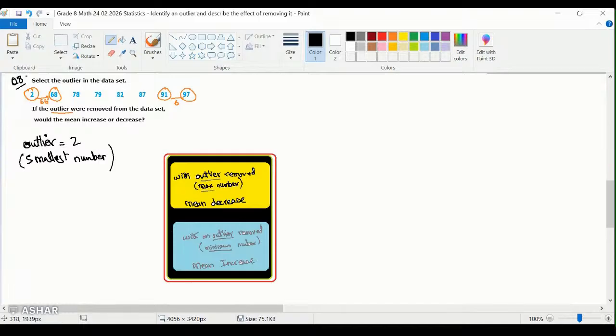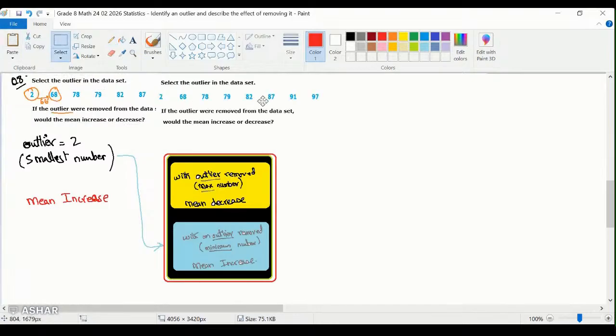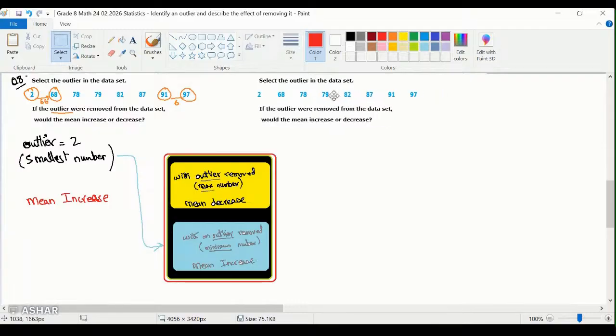And whenever the outlier is the smallest number, what happens to the mean? The mean will increase because we have removed the smallest number. Agreed? Mean will increase.